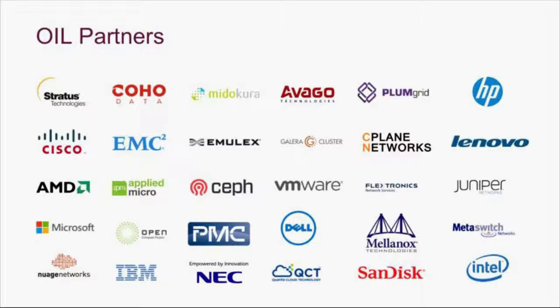But the big names that stand out, of course, PLUMgrid you see, but others, Intel, Dell, HP, EMC on the storage, and Open Compute if that's interesting to you. So a great many different networking technology vendors, hardware vendors, software vendors now participating in OIL, being part of those different combinations of builds that are happening every day.